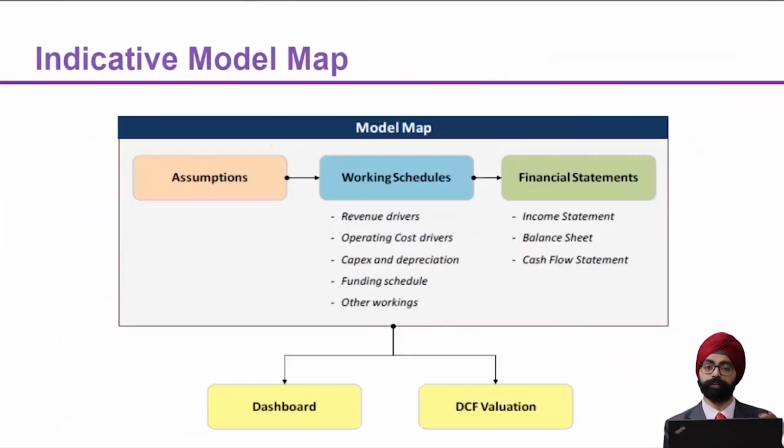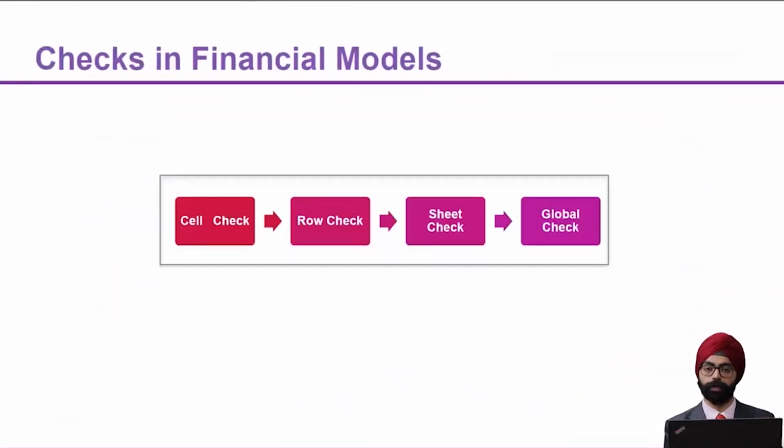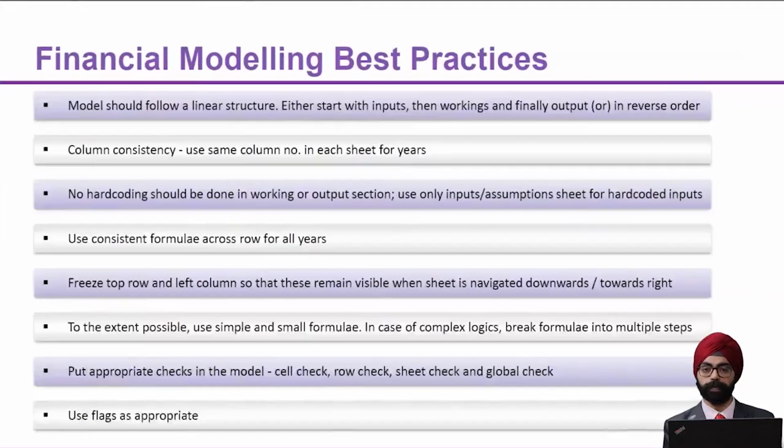That's a very, very important rule that we must follow, because it will help us to make changes to those assumptions in an easier way, because then I would know as a matter of fact that for whatever changes I want to do to my inputs, I have to go to that section and do it. Otherwise, I'll just be all over the place if I don't know which cell is having an input. So that's why it is recommended that you use hard-coded inputs only in the inputs and assumption section.